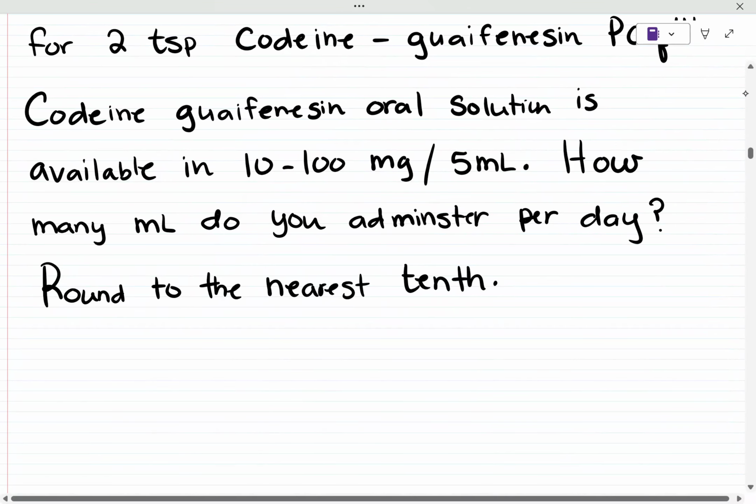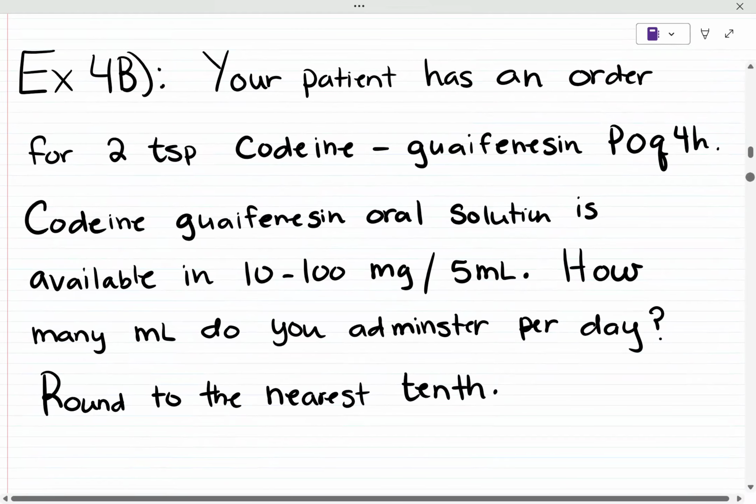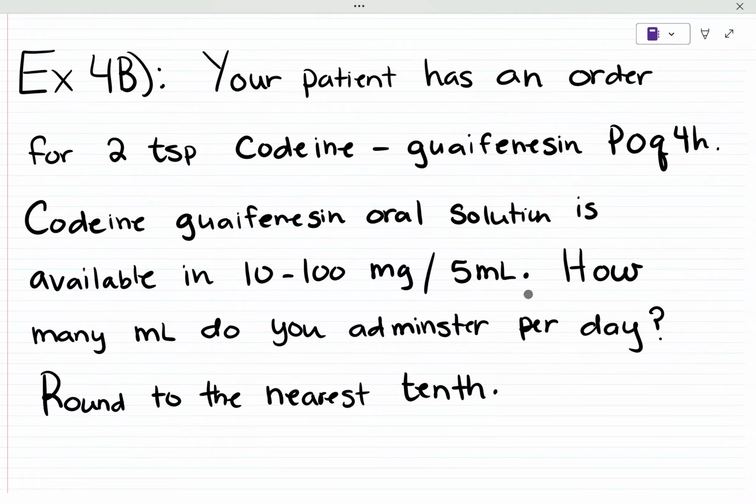Okay, so there's a part B for example 4. Part B says your patient has an order for 2 teaspoons of codeine guaifenesin, PO Q4H. I can't pronounce it. Codeine guaifenesin oral solution is available in 10 to 100 milligrams per 5 milliliters.